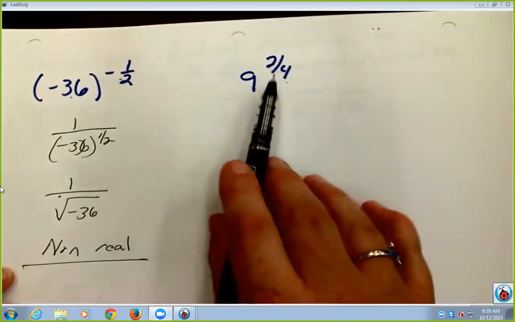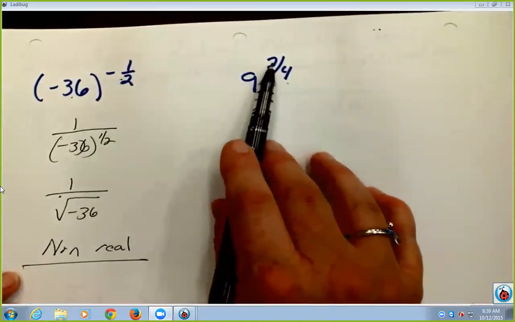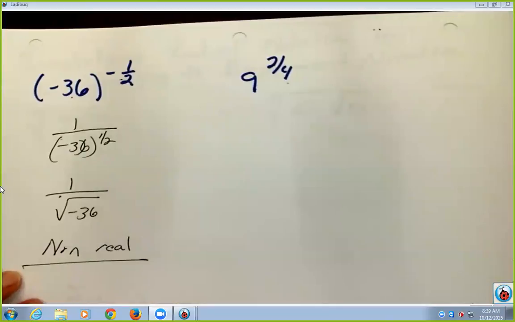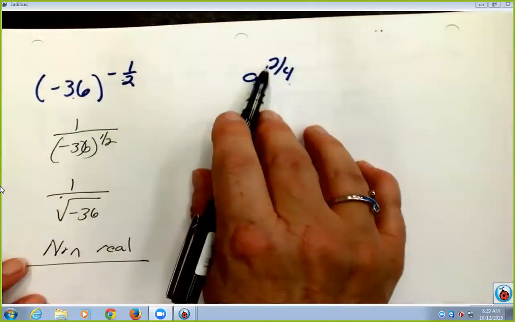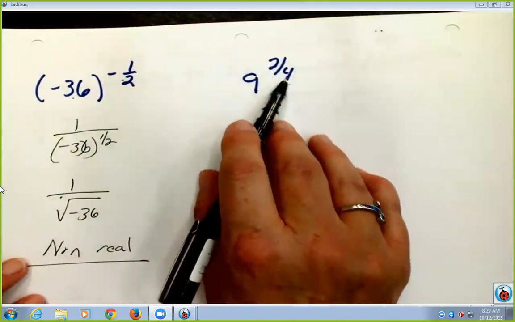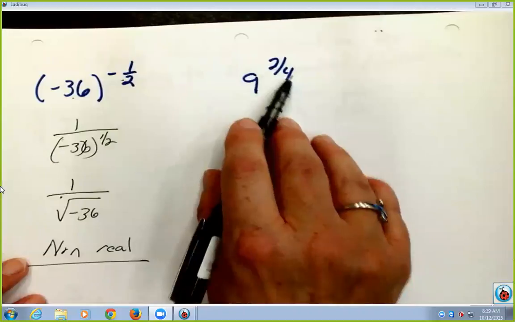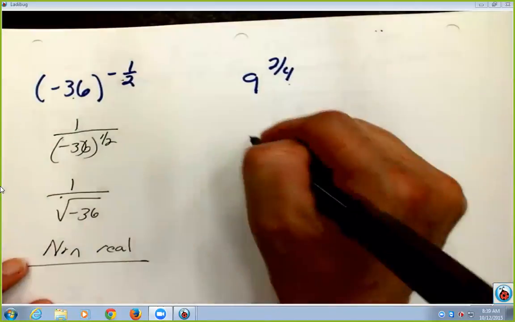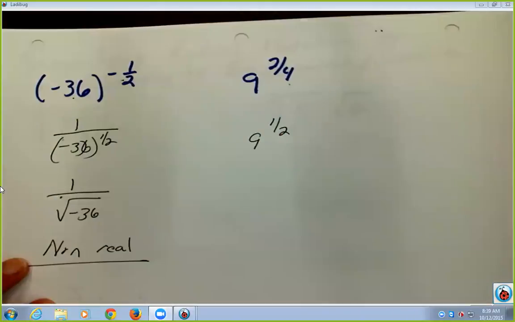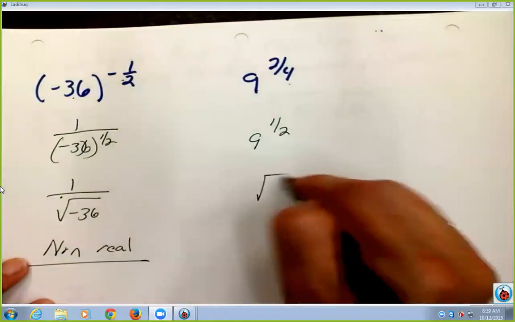How about this one? 9 to the 2/4. If you look at 2/4, what do you notice about it? 2/4 can be reduced, right, to a half. So really, I have 9 to the 1/2.